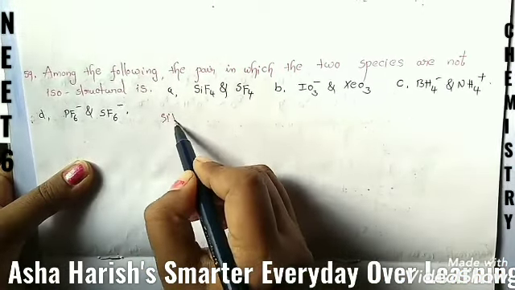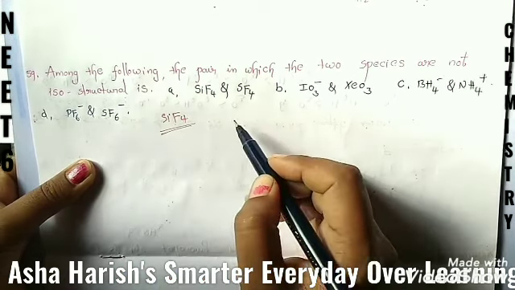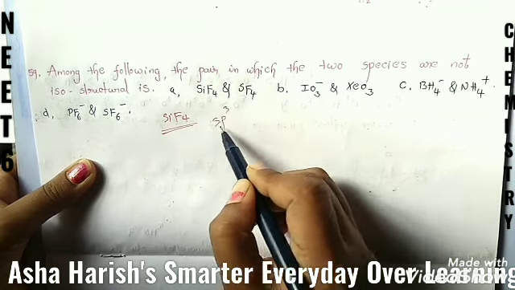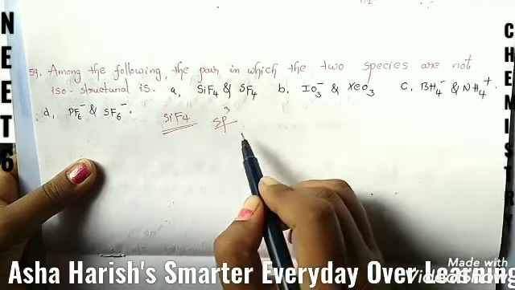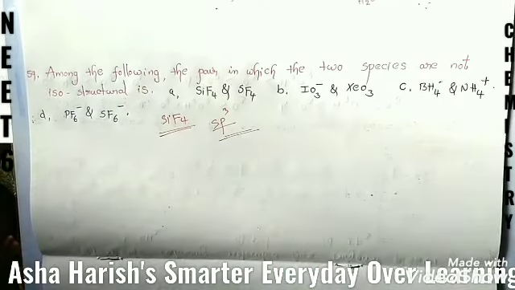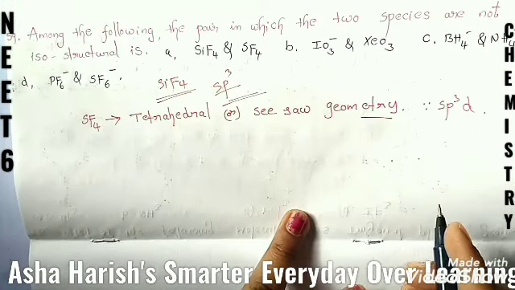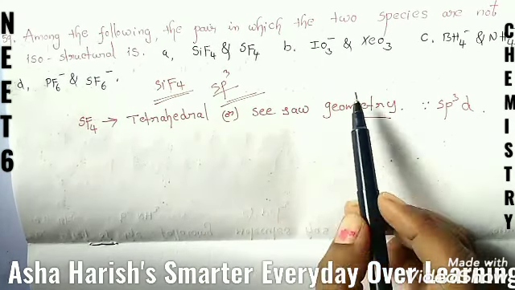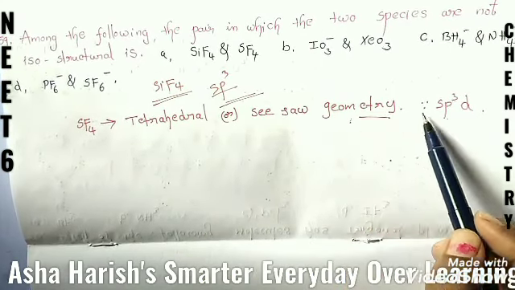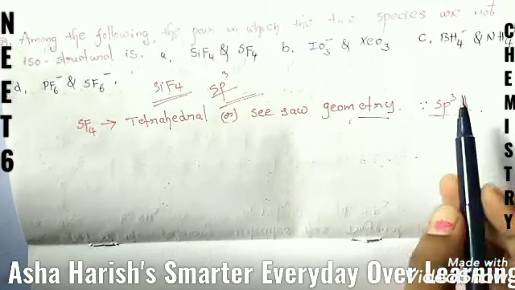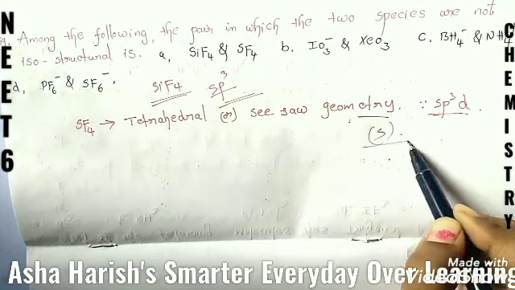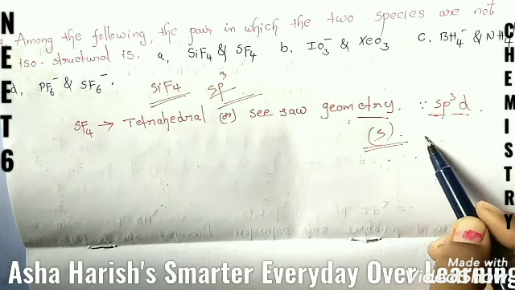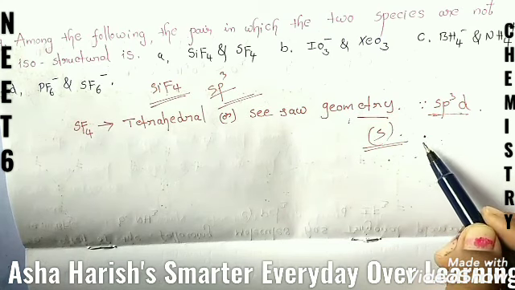First one, SiF4. It has symmetrical tetrahedral shape, which is due to sp3 hybridization of the central silicon atom in its excited state configuration. SF4 has distorted tetrahedral or seesaw geometry, which arises due to sp3d hybridization of the central sulfur atom and the presence of one lone pair of electrons in one of the equatorial hybrid orbitals.